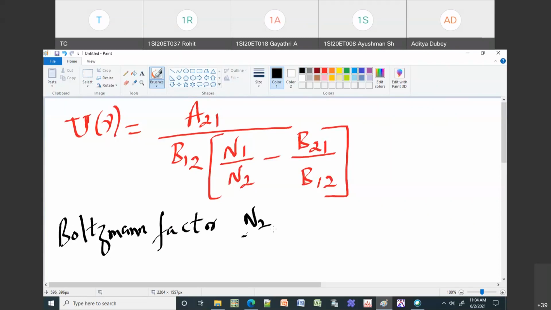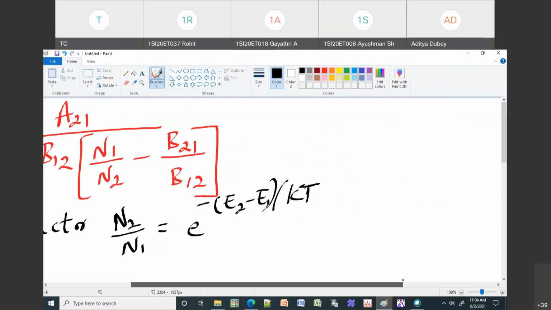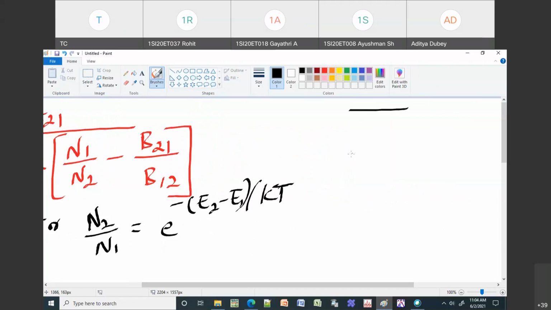N2 by N1 is e to the power of minus of E2 minus E1 by kT. E2 minus E1 is nothing but the difference between two energy levels, E2 and E1. Normally we can write this as E2 minus E1 is equal to h nu.